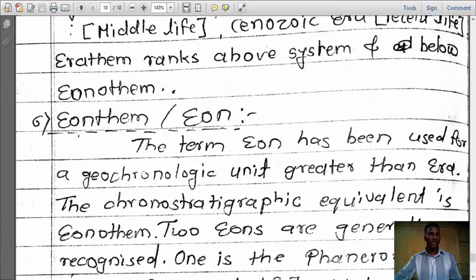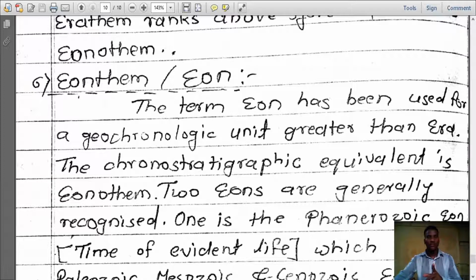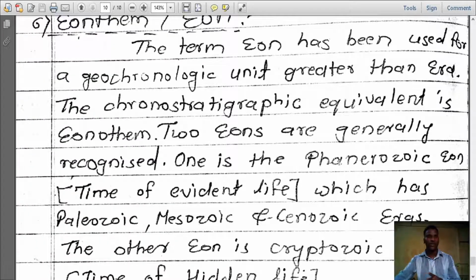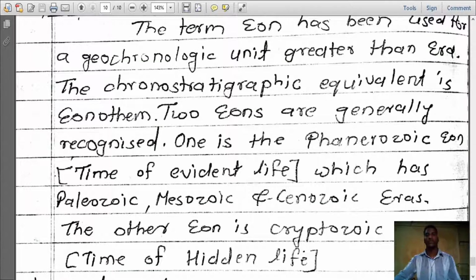Eonothem or eon. The term eon has been used for a geochronologic unit greater than an era. The chronostratigraphic equivalent is eonothem. Two eons are generally recognized. One is the Phanerozoic eon, time of evident life, which has the Paleozoic, Mesozoic and Cenozoic eras.